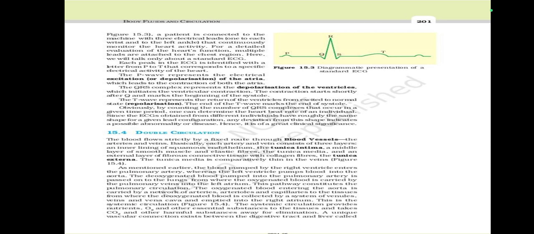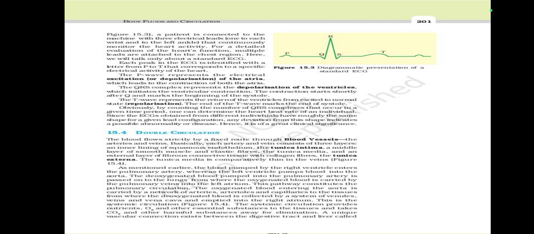For a detailed evaluation of the heart's function, multiple leads are attached to the chest region. Here we will talk only about the standard ECG. Each peak in the ECG is identified with a letter from P to T that corresponds to a specific electrical activity of the heart.